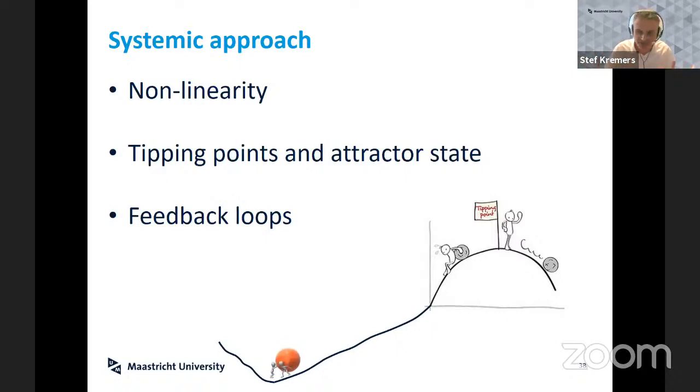We call that a tipping point, or in systems theory terms, a bifurcation point. So relatively little attention, little effort, but huge effects. Also very non-linear.